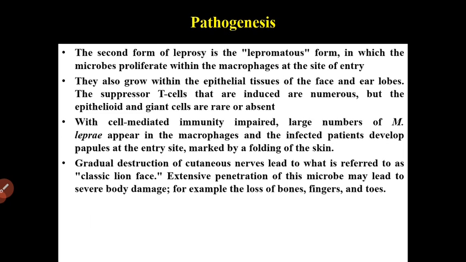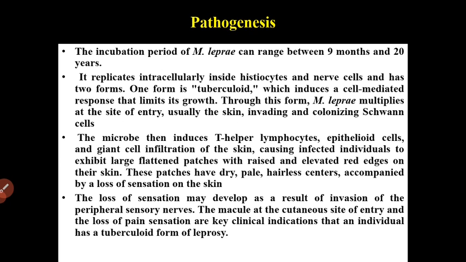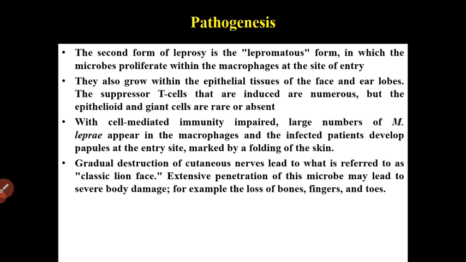The second form of leprosy is the lepromatous form, in which the microbes proliferate within the macrophages at the site of entry. Okay, first form was tuberculoid, second lepromatous. They also grow within the epithelial tissues of the face and earlobes.